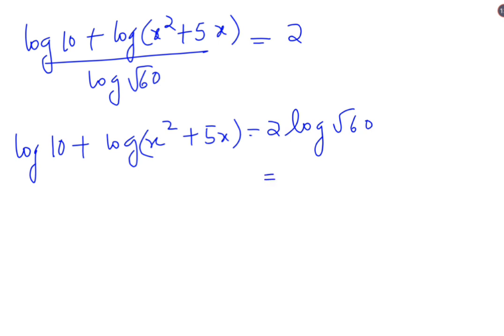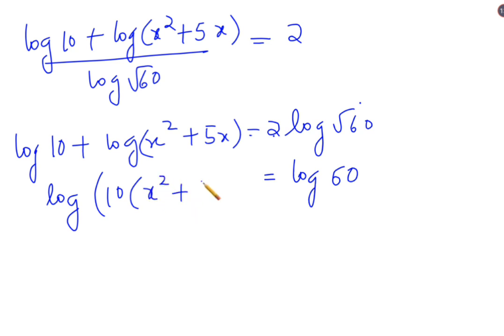Okay, so now this, when taken on top, becomes square. So this becomes just log 60, and this can be written as what? Log of 10 multiplied by x square plus 5x, right? So now the logs on both sides can get cancelled, and this also reduces.